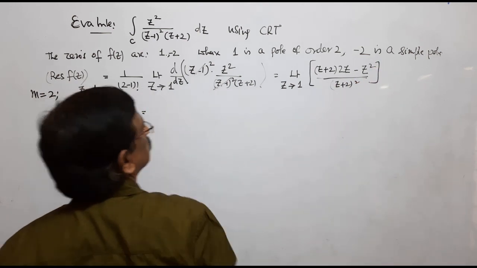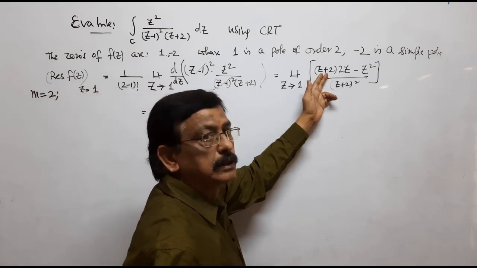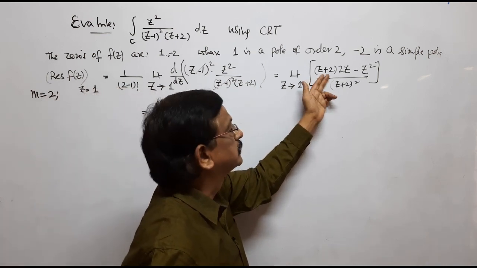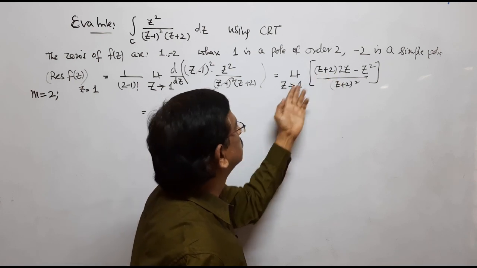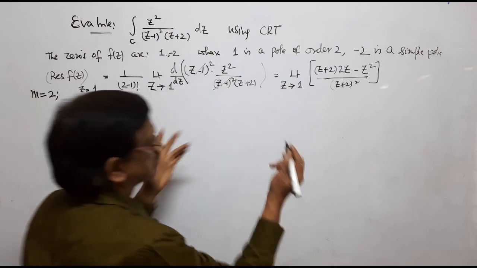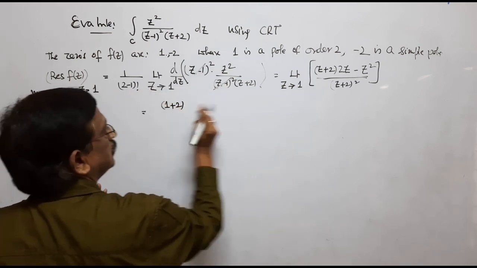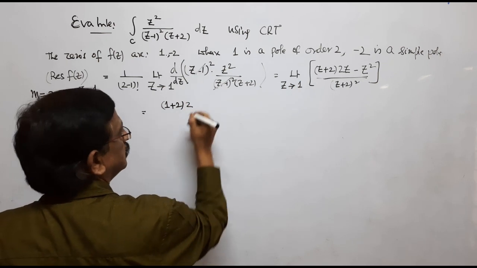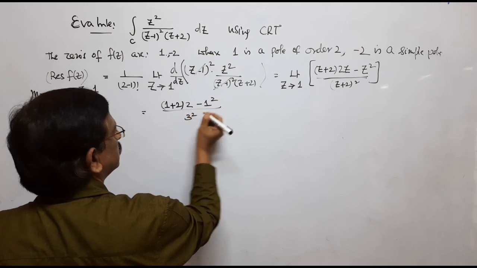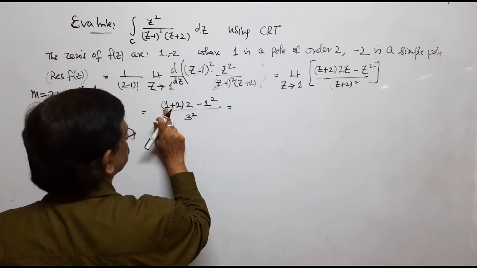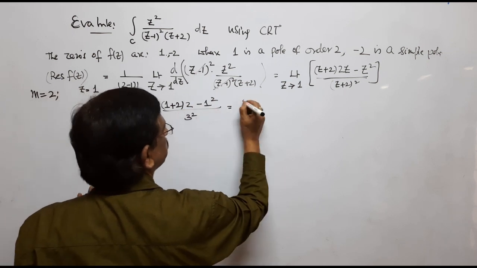This is equal to, simply I can substitute without simplifying this, because z tending to 1, I have removed the factor, so that will help us. 1 plus 2 into 2 minus 1 square by 1 plus 2, 3 square, which is equal to 3 into 2 is 6, 6 minus 1 is 5, 5 by 9.